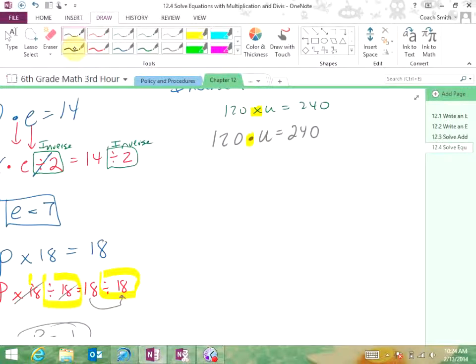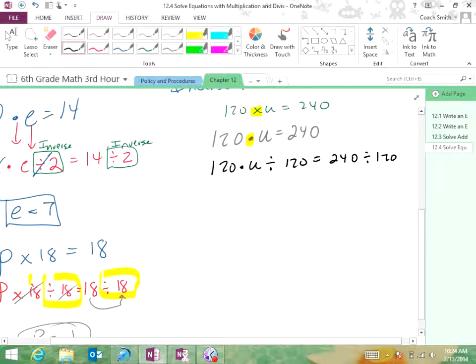Now, you have 120 times U divided by 120 equals 240 divided by 120. Once again, there's your inverse on both sides of the equation.